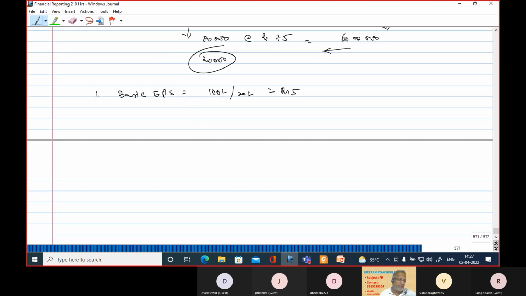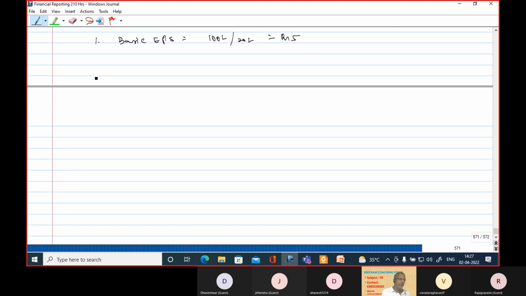How will diluted earnings per share be computed? Earnings, weighted average number of equity shares, EPS, and remarks. Number one is given in the problem as 100 lakhs, 20 lakhs, 5.